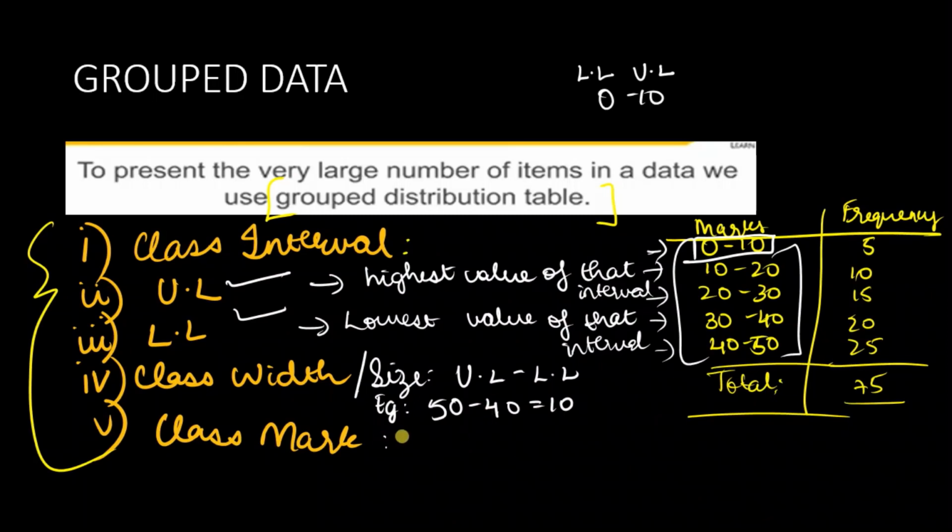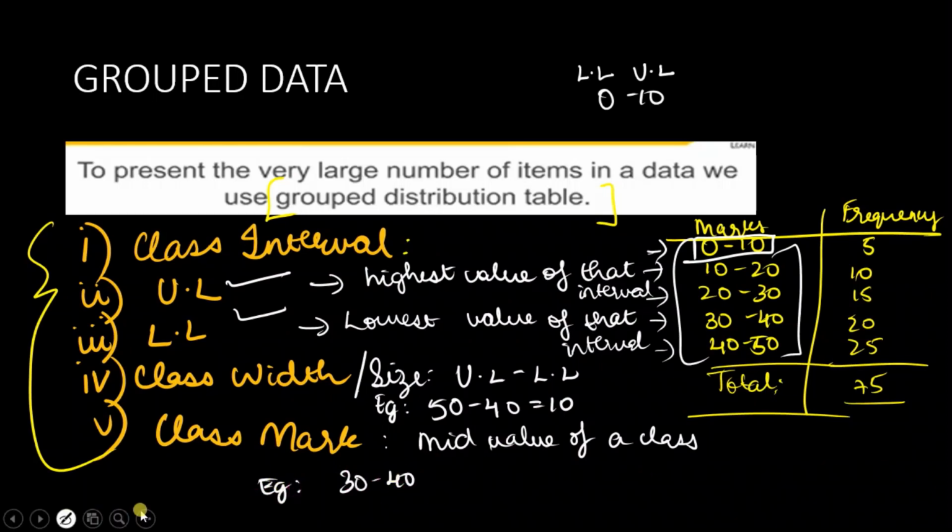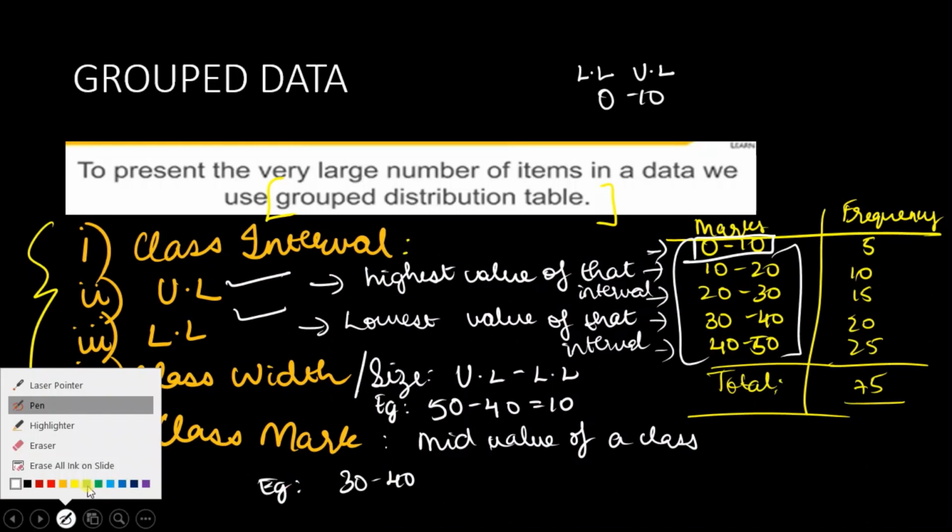Now also the class mark. We say the class mark is the mid value of a class. Suppose I have to find the mid value of 30 to 40. How will I do that? Using a formula, of course.